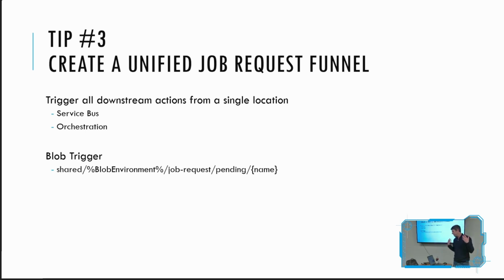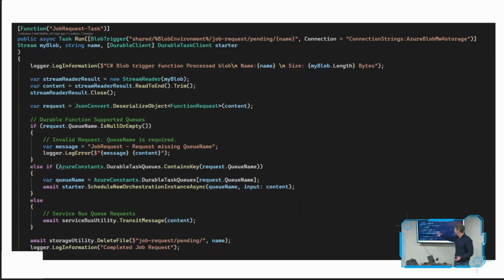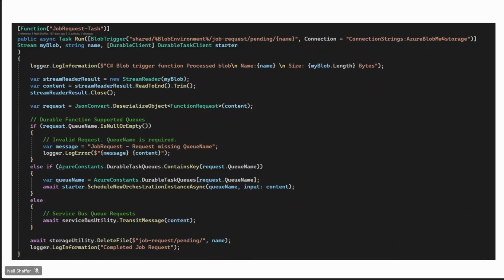So what we created and what we really found successful is, let's go here real quick. This is an example of a unified job request funnel. Now you'll notice this is a blob request queue. It is the only blob request queue in our entire application. That's intentional, because what we do is we funnel it.